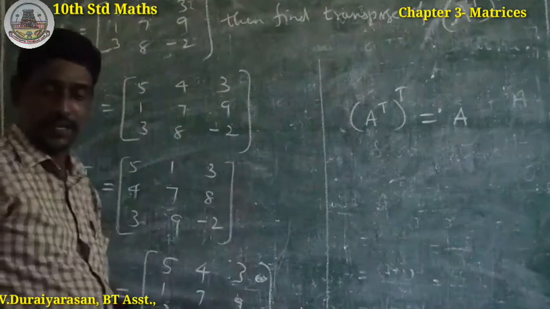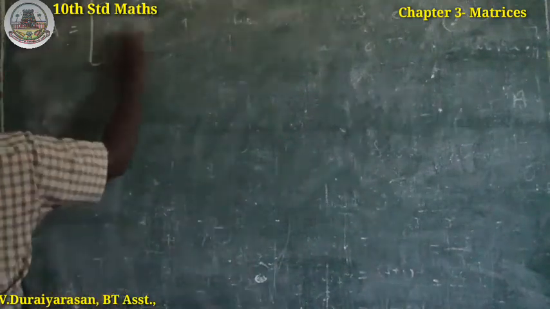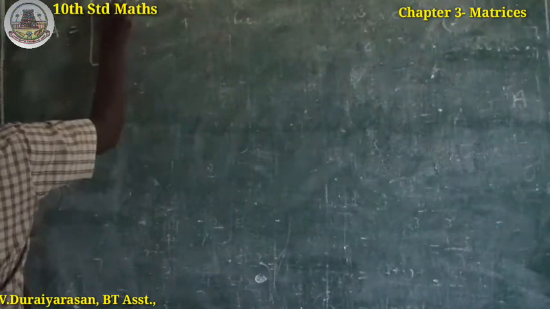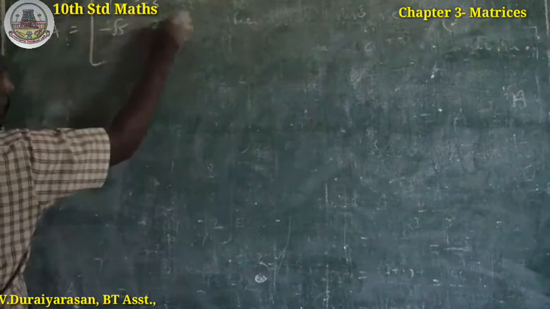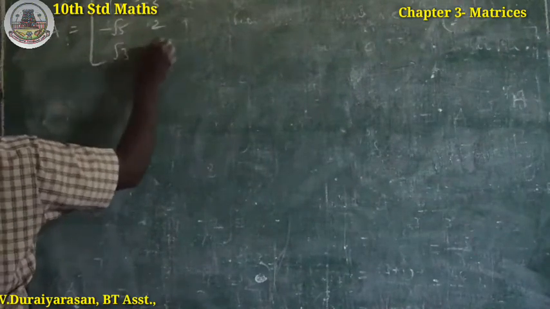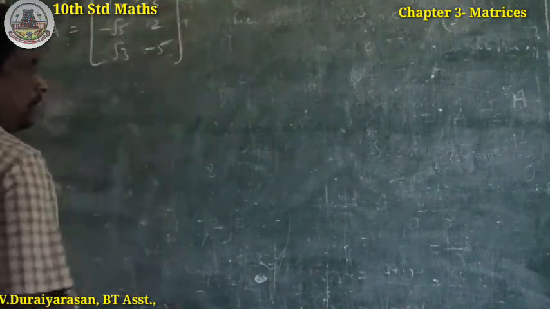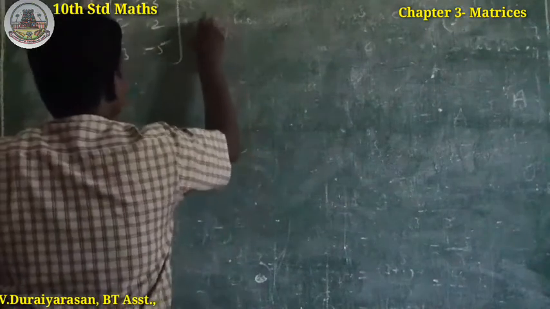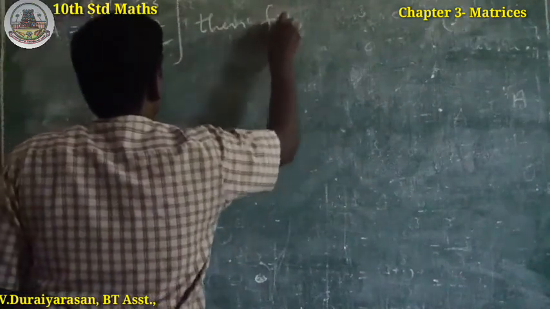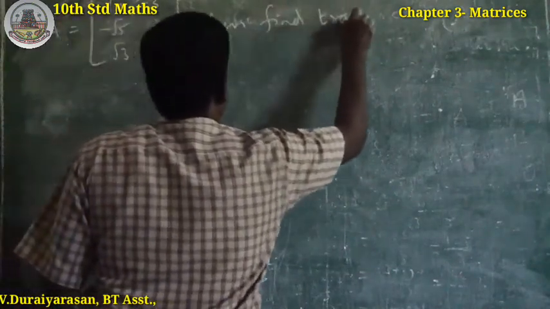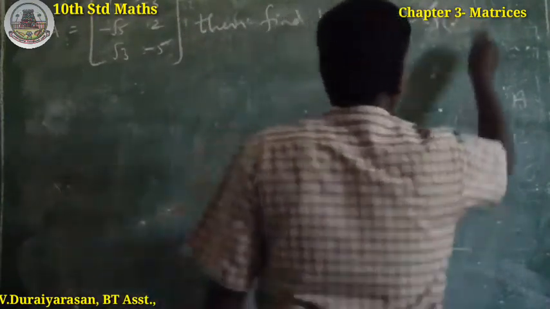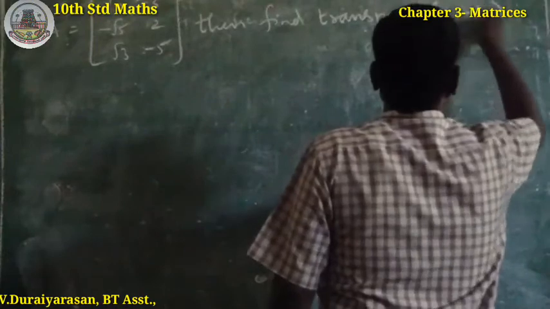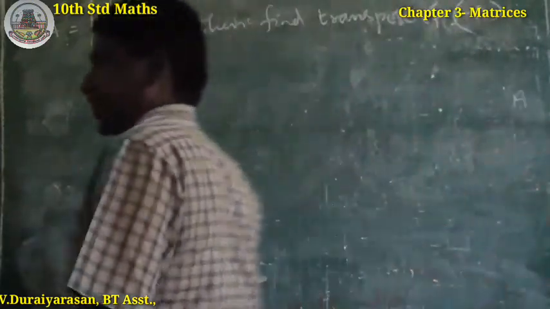Okay? That's all. A equal to root 7 minus 3 minus root 5 2 root 3 minus 5. Then find transpose of minus A. What is the question?